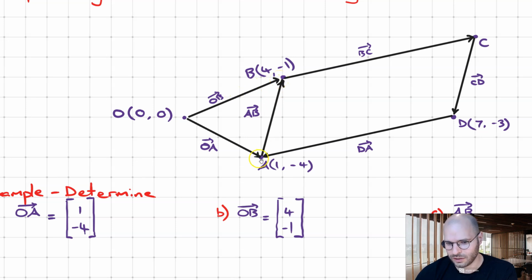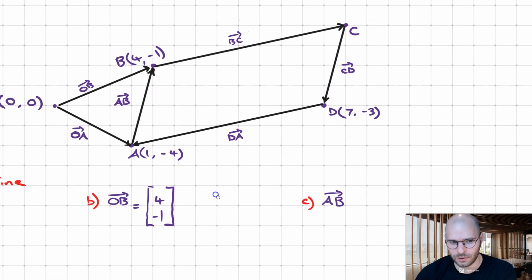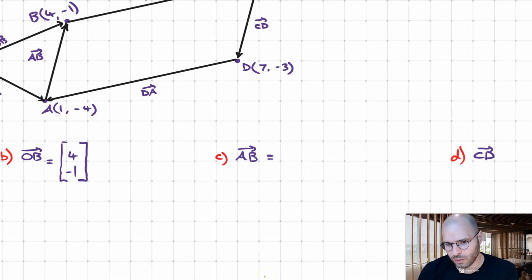So we'll go from A to B by choosing to go from A back to the origin, and then from the origin across to B. Now when we're traveling from A to the origin, we're going against the direction of the vector, so we're going in the opposite direction to OA. So OA is going to be negative. So writing this out, to get to AB, we're firstly going to go in the opposite direction of OA, and then we're going to go in the direction of OB. And this is our expression here.